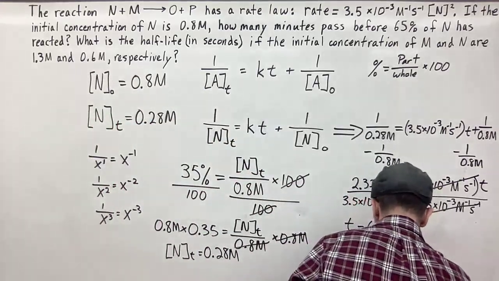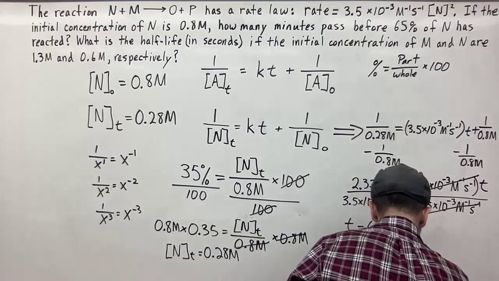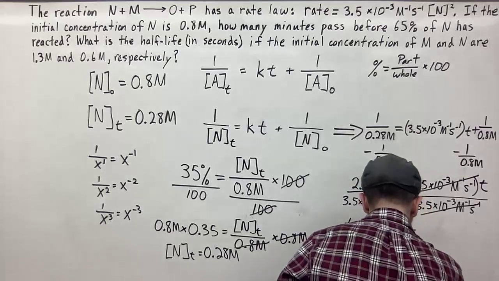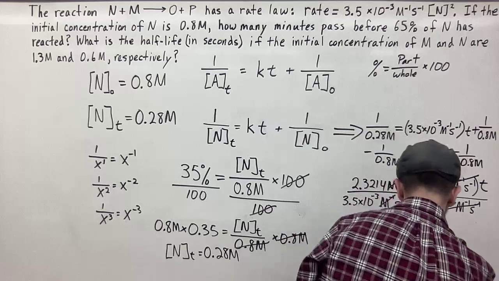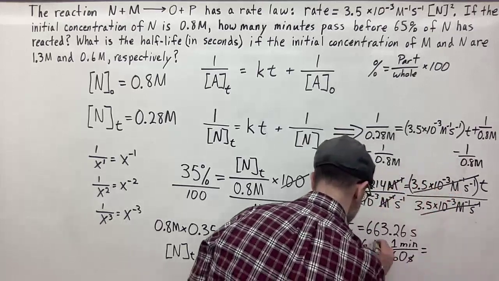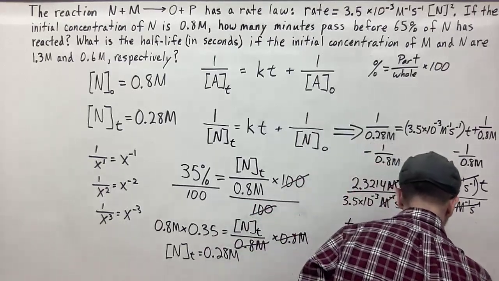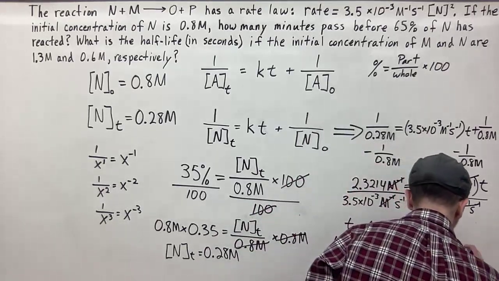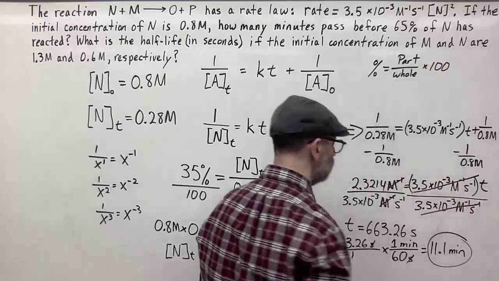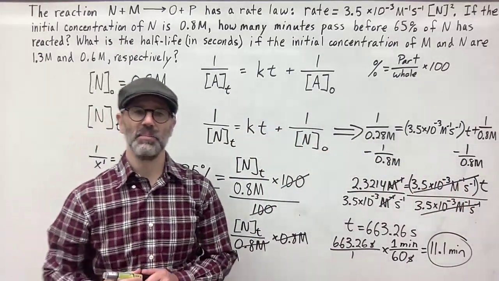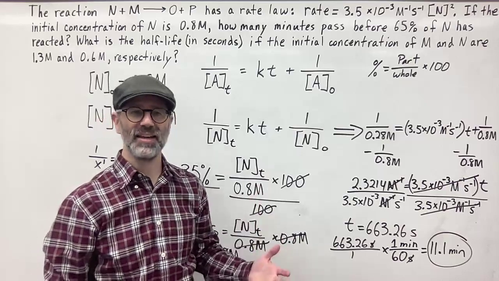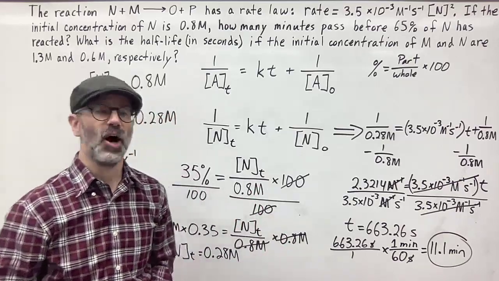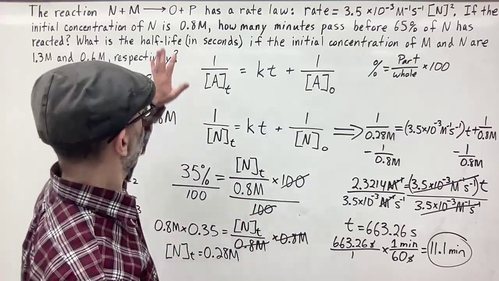So I put 60 seconds on the bottom, 1 minute on top. Seconds cancel out, and I get 11.1 minutes. So that is the amount of time that it takes for 65% of the concentration of N to react.